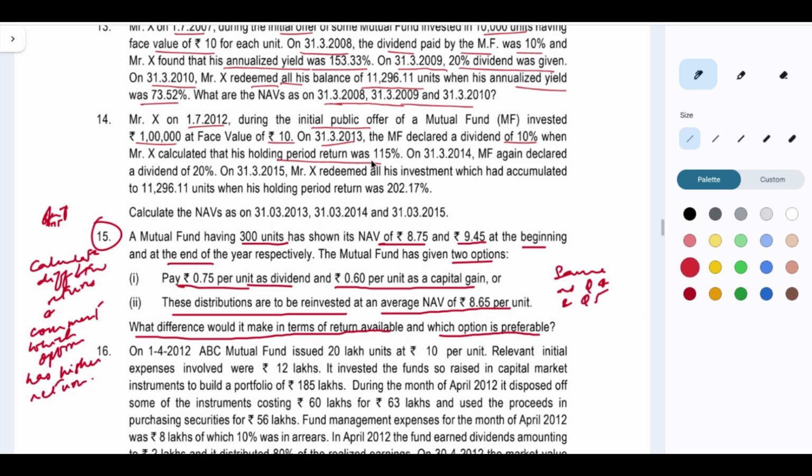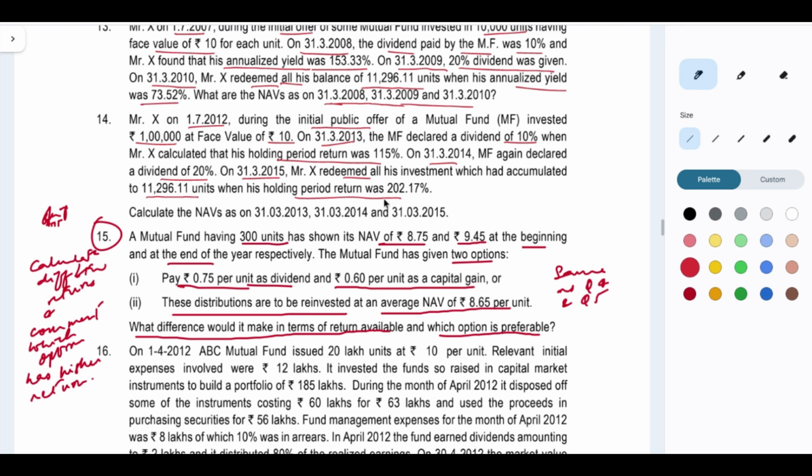Okay, in the previous question, annualized return was given in place of this holding period return. On 31/3/2014, MF again declared a dividend of 20%. On 31/3/2015, Mr. X redeemed all his investment which had accumulated to 11296.11 units when his holding period return was 202.17.